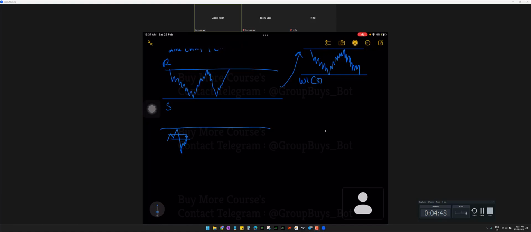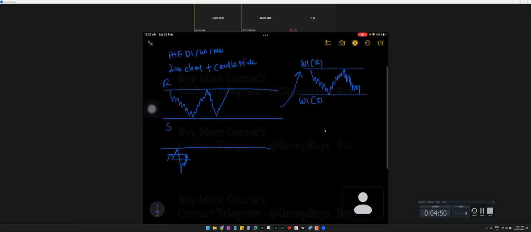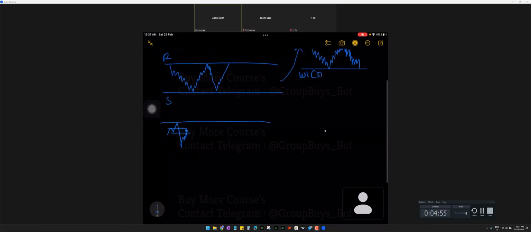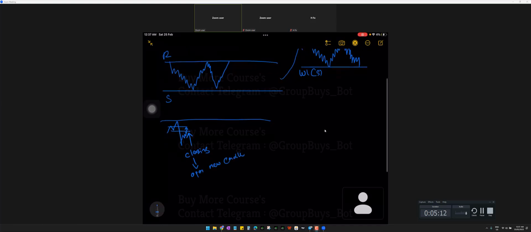It's up to the market first, because we want to know whether it respects or not, which level is respected, which means, okay, closing. Closing means open new candle. Closing, open new candle.